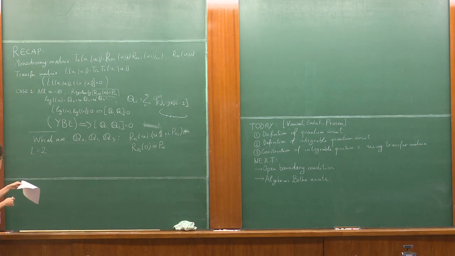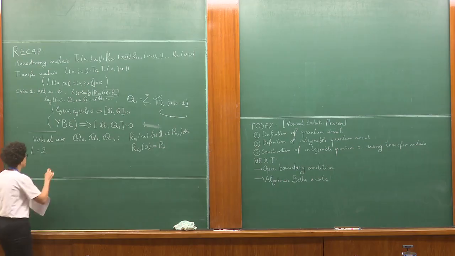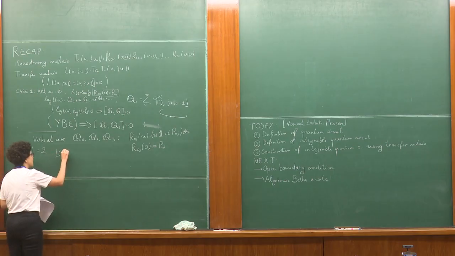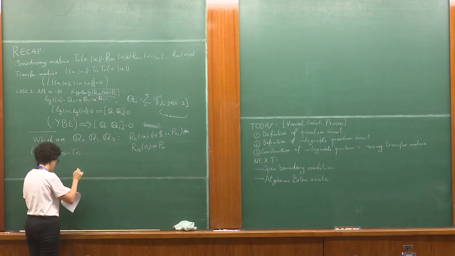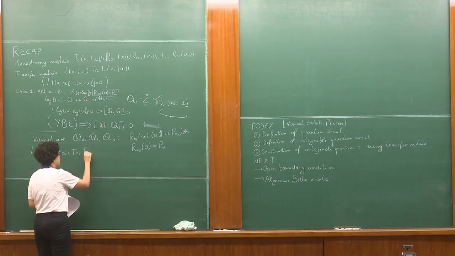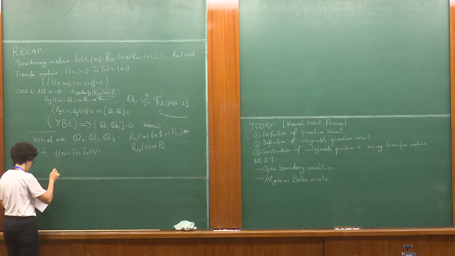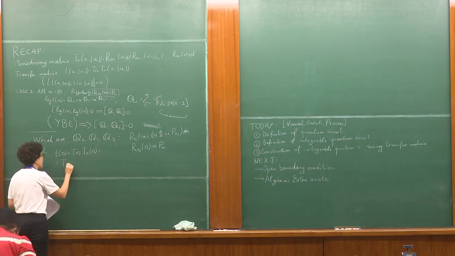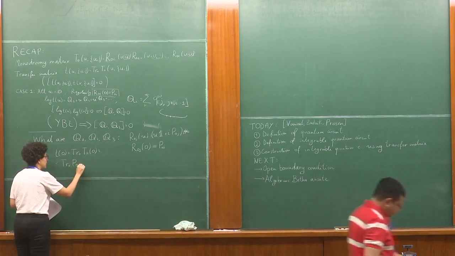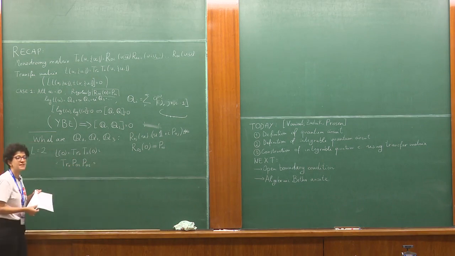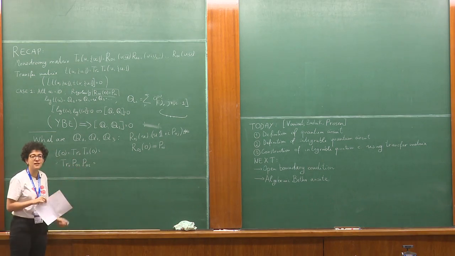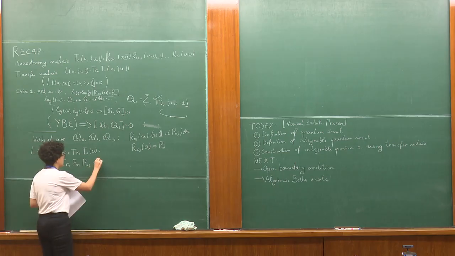So for L equal to 2, let's compute T at 0. T at 0 is the trace over 0 of T_0 at 0, and this is equal to the trace over 0 of P02 P01. Can someone tell what this object is? It's P12.